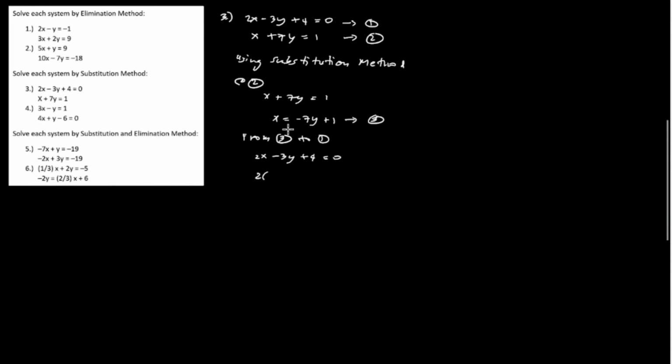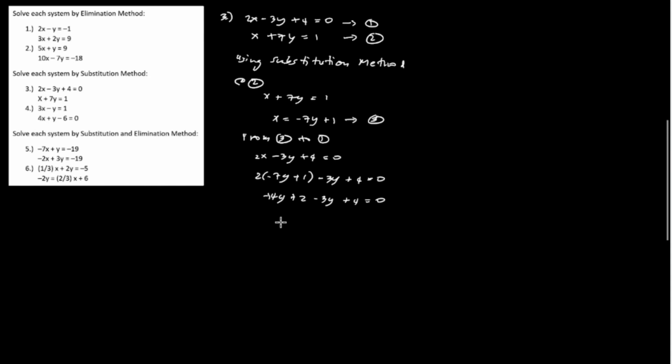And to equation 3, negative 7y plus 1 minus 3y plus 4 is equal to 0. And simplify. So 2 times negative 7y is negative 14y, 2 times positive 1 is positive 2, minus 3y plus 4 is equal to 0.